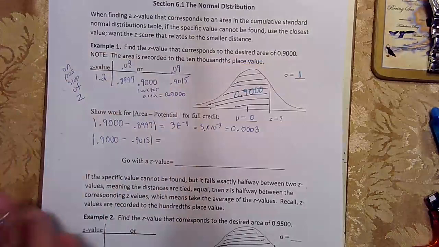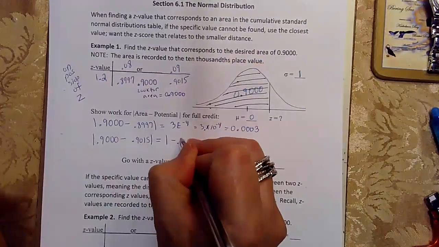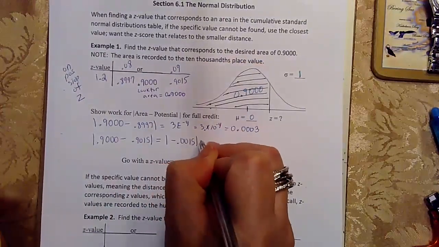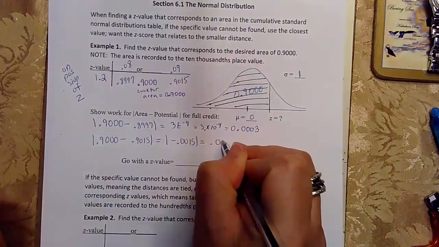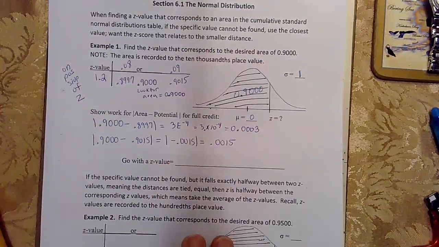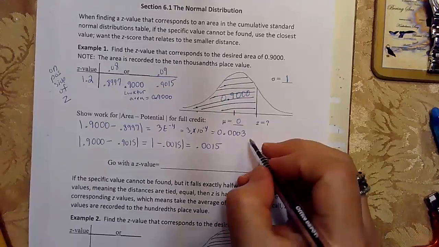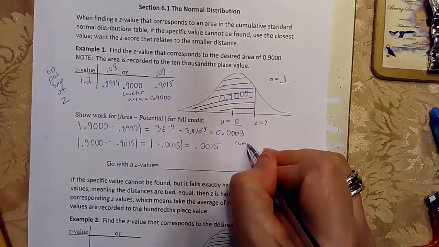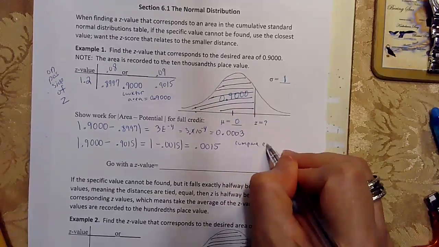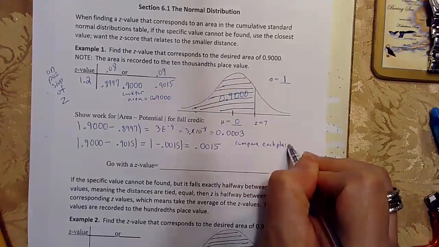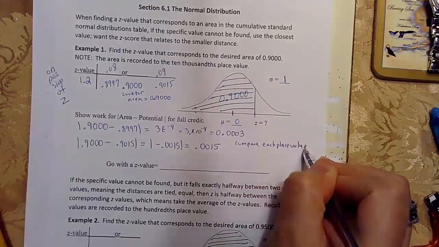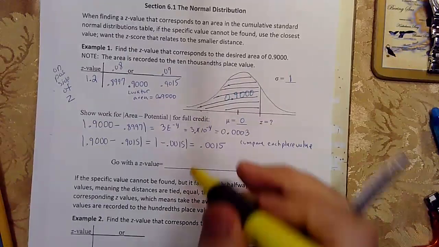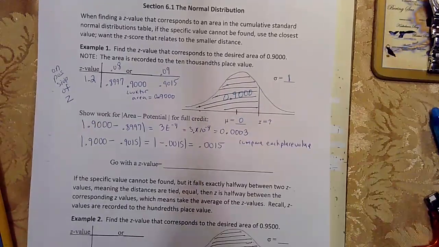So the absolute value of negative 0.0015 is 0.0015. And then when you compare each place value, you look at the tenths place.